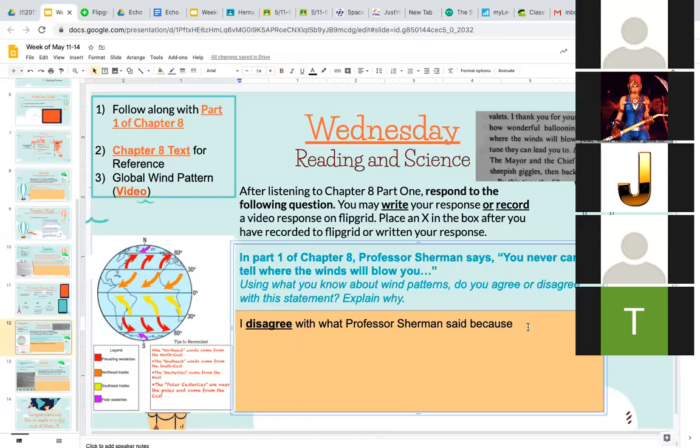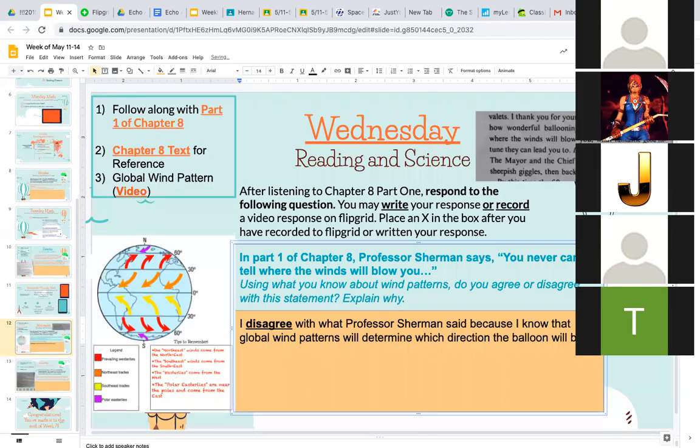because I know that global wind patterns will determine which direction the balloon will blow.